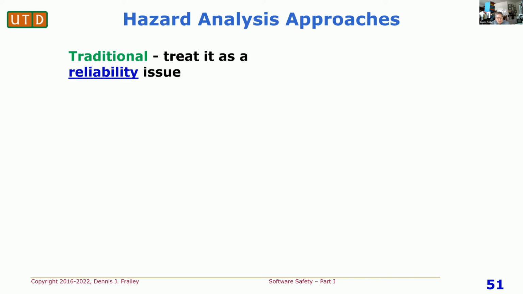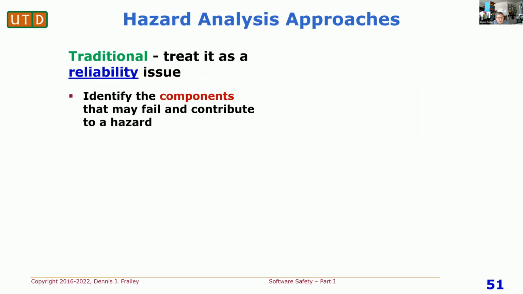And the idea there is take all that we know about achieving software reliability and apply it to our application and deal with what happens there. For example, we identify all the components that may fail or have errors in them that would contribute to a hazard or a mishap, actually.